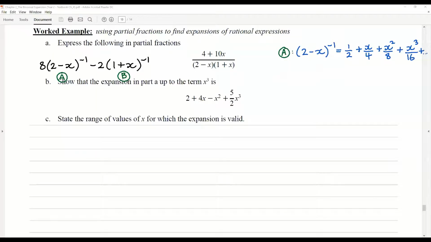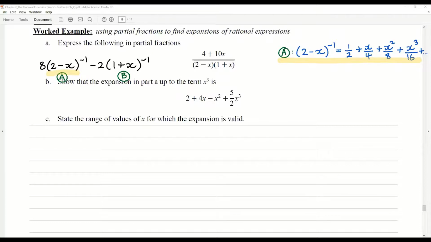All right, so let's just summarize where we're up to. So we've just discovered the expansion of 2 subtract x to the power -1, which is given here in the top right, I should say. And this is what we've just worked on. And then also on the left-hand side over here, I've just rewritten the expansion that we need to carry out. So the part A, or bracket A, we've done.